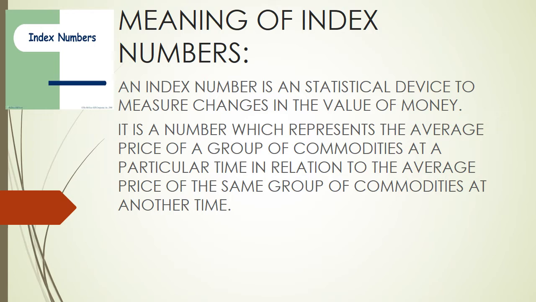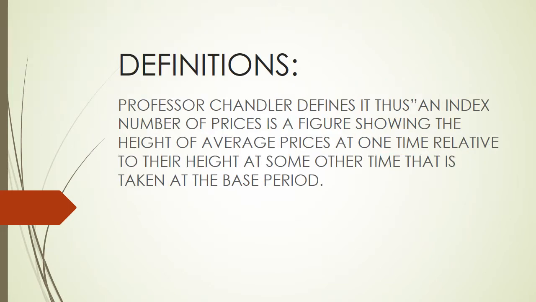So there is a 30 rupees increase, which is nothing but the change in the price of the same commodity, the book. The change was 30 rupees. In 2015 it was 30 and in 2020 it is 60 rupees. So these are the changes. How can we measure these changes in order to know the value of money? We use index numbers.